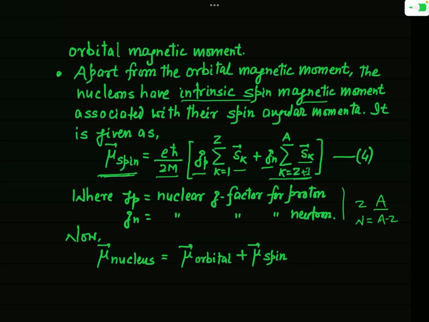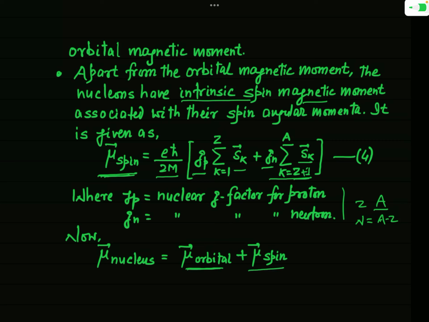So you have seen that our nucleus has two types of magnetic moment. First one is called mu orbital, which is due to the orbital motion of all the protons inside the nucleus. And another is intrinsic magnetic moment, which is due to the spin of the nucleons, and that I have denoted by the symbol mu spin.